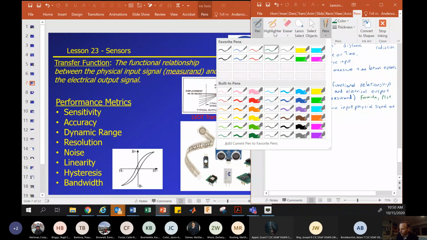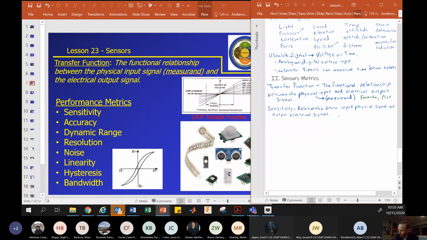So if it were a thermistor, its units might be ohms per degree Celsius, something like units like that. Okay, how much does that electrical signal change for a given change in physical property? As for a strain gauge, it might be ohms per strain, per microstrain, something like that.